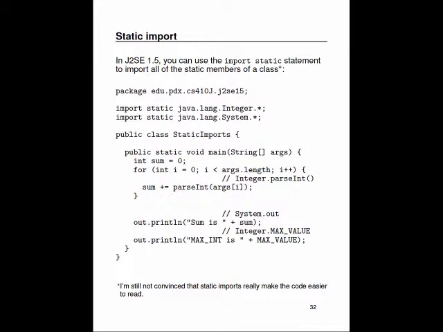But on the other hand, I think there's a good argument to be made that this code is a little harder to understand. Because I don't know about you, but when I see parseInt, I expect this to be a method in the same class. I don't know where it is exactly. So I would say use static imports judiciously. For me, I look at this and I don't think this is a very good example.